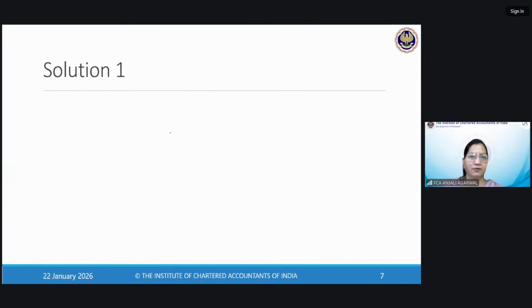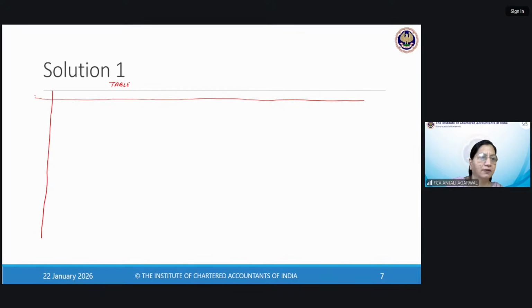So let us try to do this using a tabular method first. In this table, let us see the behavior. Let's say number of orders, and I'll keep on increasing: 1, 2, 4, 5, 6, 8, 10, and so on.